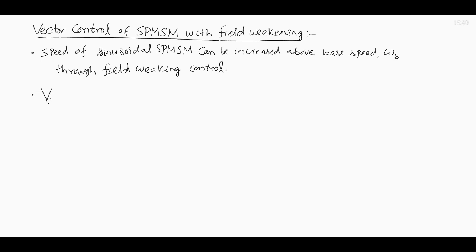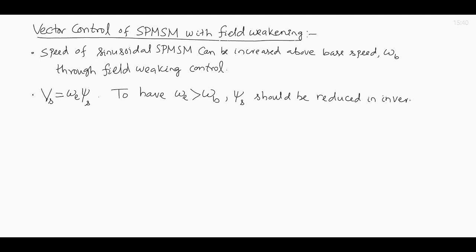stator applied voltage Vs is omega E into psi s when the stator resistance is neglected. So, this is the equation, and to have speed omega E above the base speed omega b, psi s should be reduced in inverse proportion to speed.